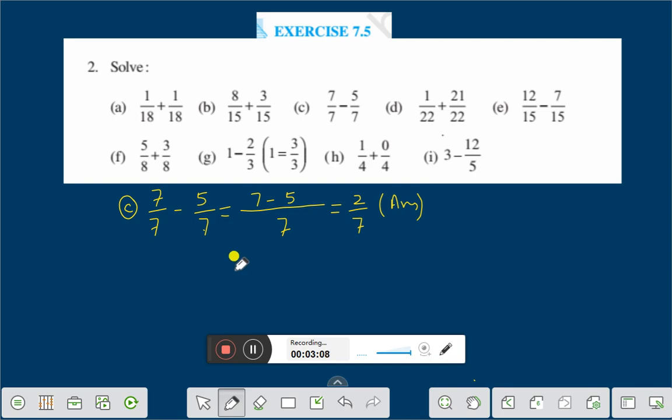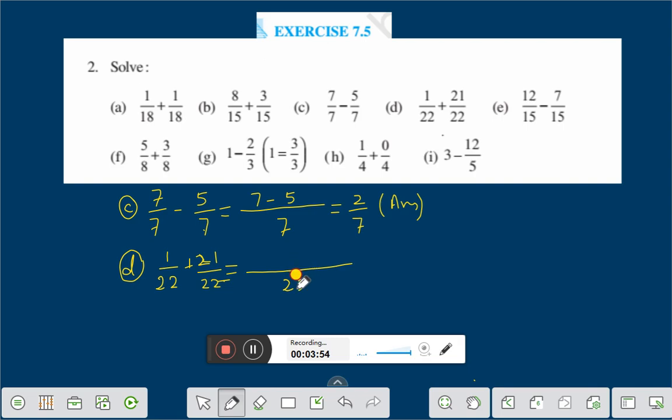Now solve question number D. Question number D is 1 by 22 plus 21 by 22. Therefore, the LCM will be 22.